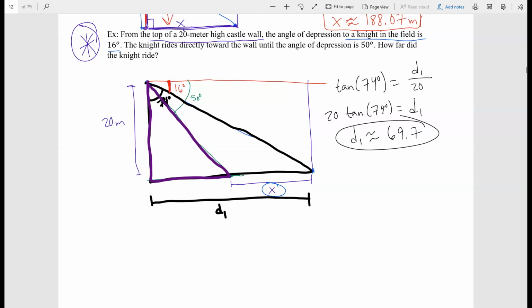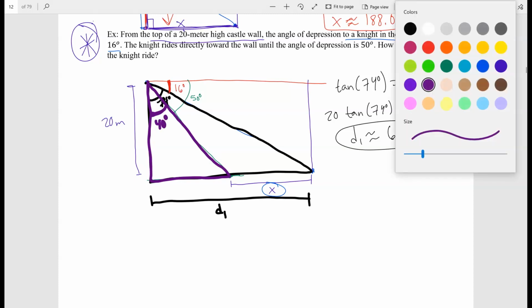Now what is this angle right here? Well, we have that 50 over there. 50 was the other part, so what's going to be the other side? I'm going to take 90 minus 50, that's going to give me 40.